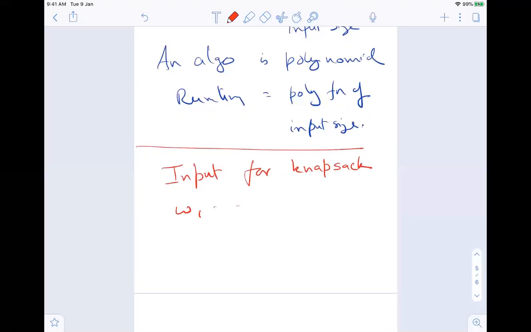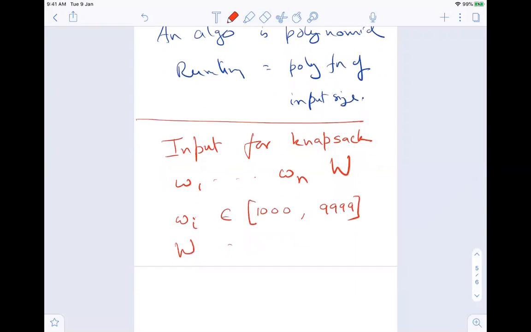This is the W1 to Wn and capital W, right? And I have also been told that all the Wi's are between 1,000 and 9999, right? And W is basically 10,000.